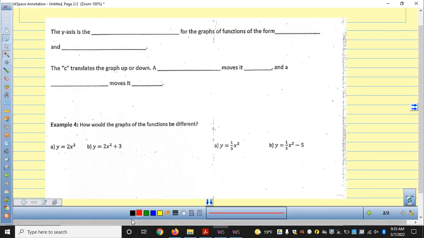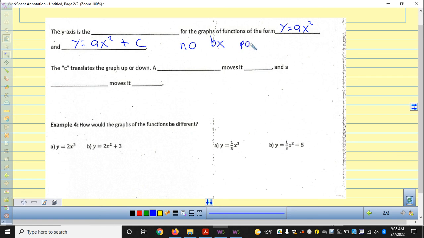So if we have graphs, I'm going to kind of go out of order here. If we have graphs or functions that look like y equals ax squared and y equals ax squared plus c, so these are quadratic functions with no b part, I would say no bx part.